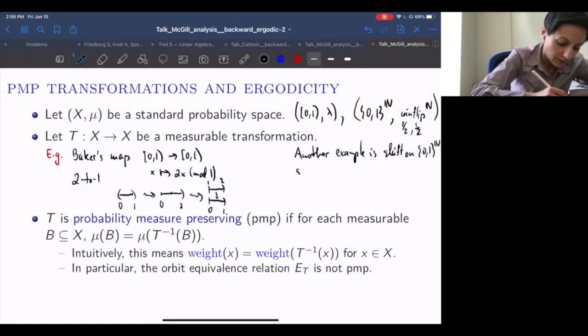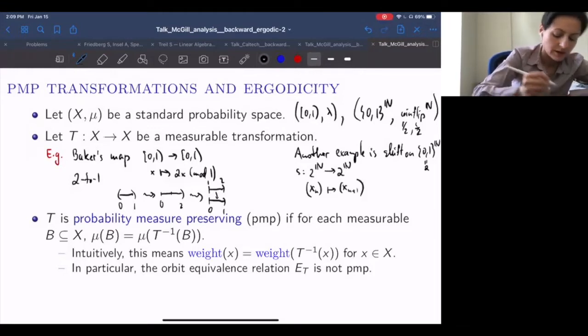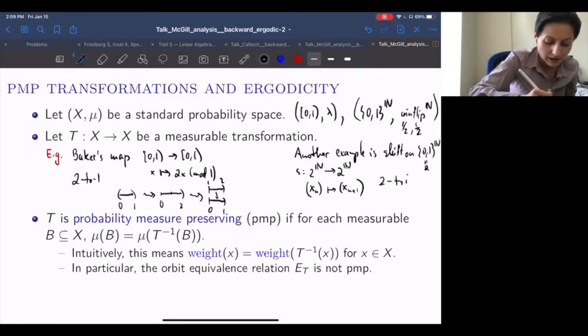So it is defined by, so you map 0-1 to the n. In fact, I'm going to write 2, okay? So after all, I'm a logician. 0-1 is just the set 2. So 2 to the n, 2 to the n. And it maps the binary sequence x_n to, forgets the first coordinate. So the sequence x_{n+1}. Okay, this is again clearly 2-to-1.